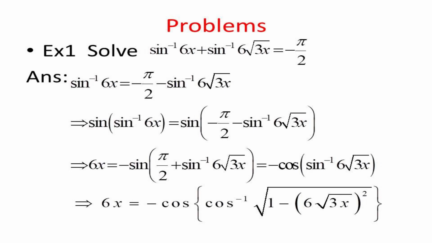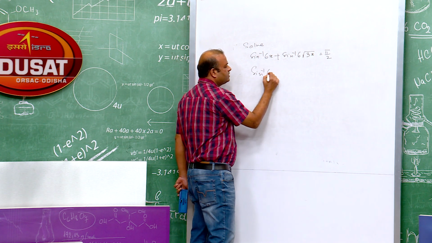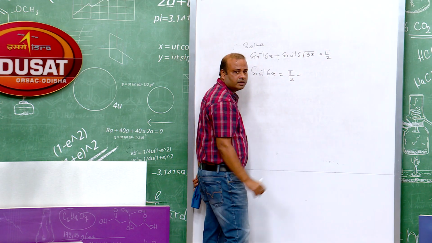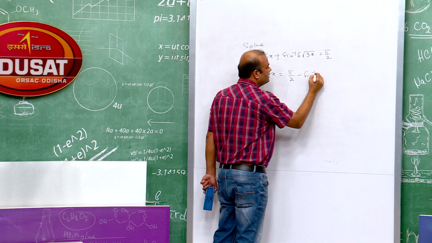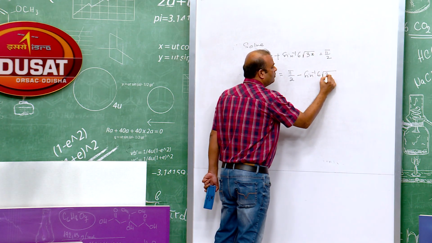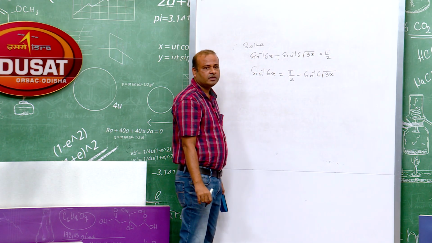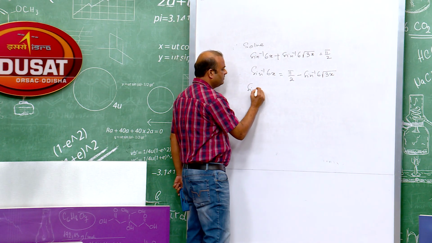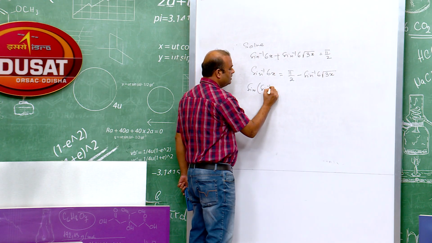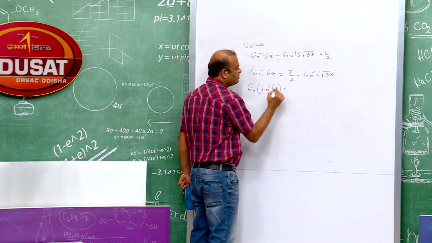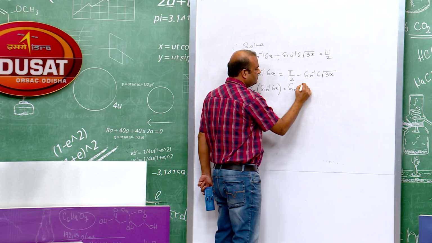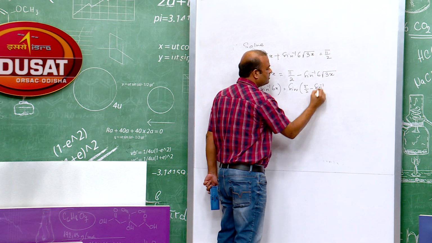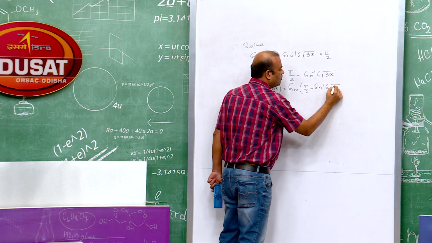Now sin inverse 6x is equal to pi by 2 minus sin inverse 6 into root over 3x, right? Now take sin on both sides, that is sin of sin inverse 6x is equal to sin of pi by 2 minus sin inverse 6 into root over 3x.